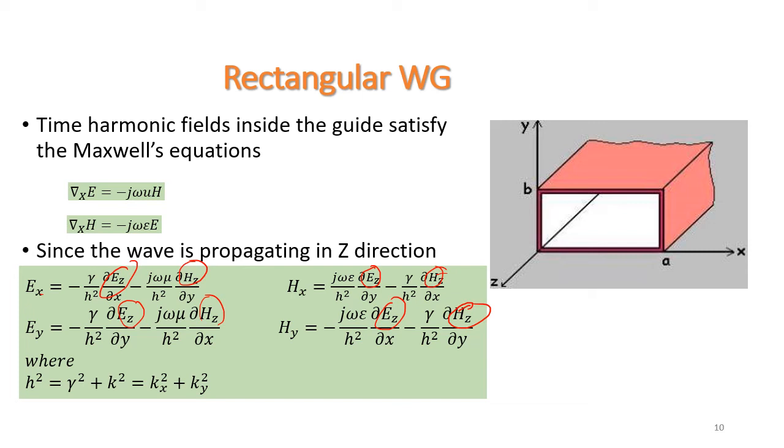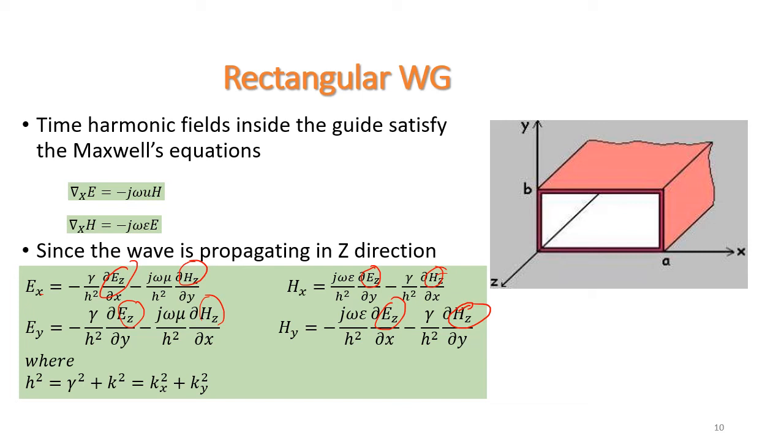But if at a time Ez and Hz are both 0, we cannot find any of the terms, because of Ez 0 the first term will be 0, because of Hz 0 the second term will be 0.